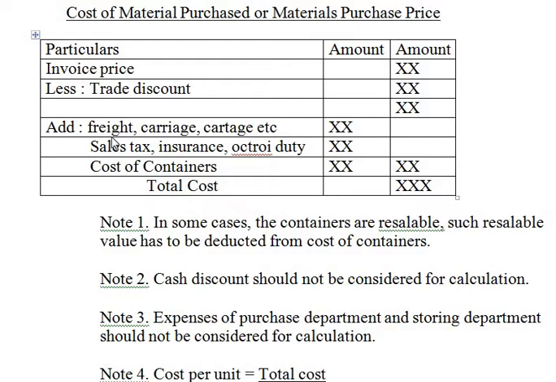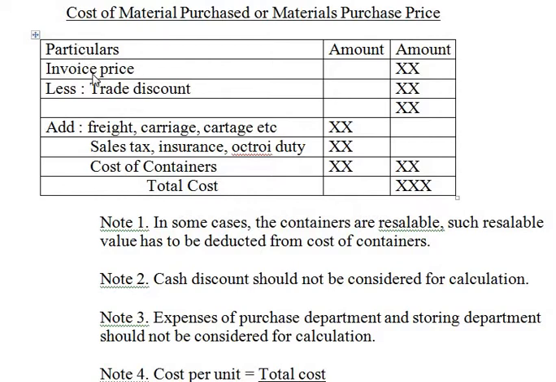The cost of material received would usually consider the invoice, then sales tax, it might be excise duty, then freight, trade discount, cash discount, then the cost of containers. All these are the expenses which will be incurred. To find out the total cost, there is a format.